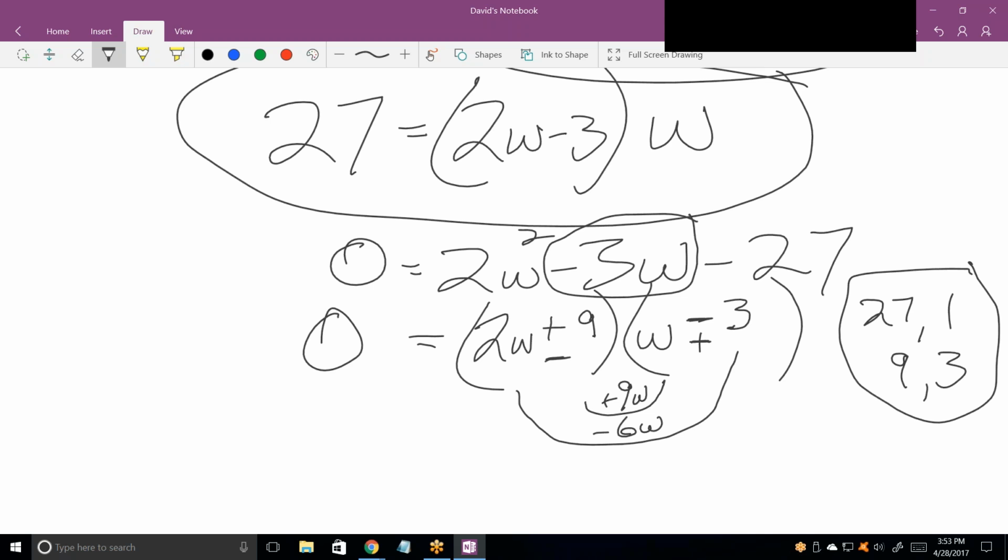In other words, the middle term always comes from the two inside terms multiplied plus the two outside terms multiplied. That's what my double smiley face means. Okay? That adds to plus 3W. Well, that's not our middle term. So switch the signs. It's the right number, exactly.